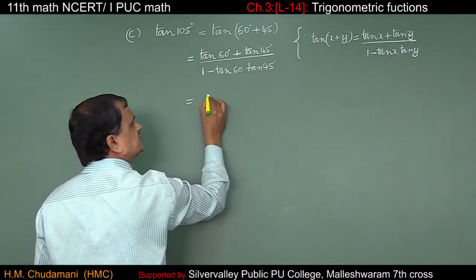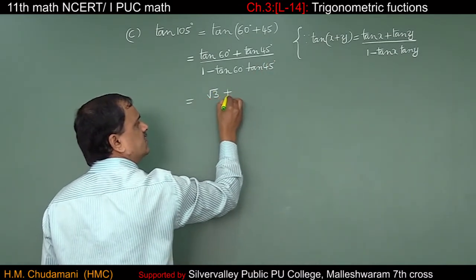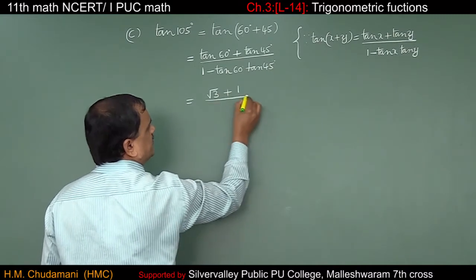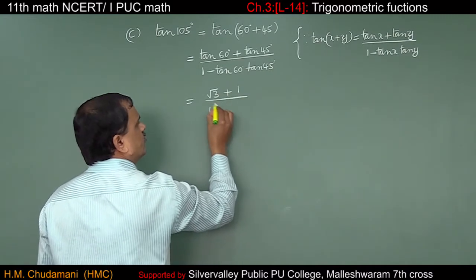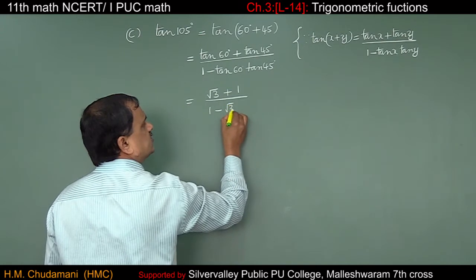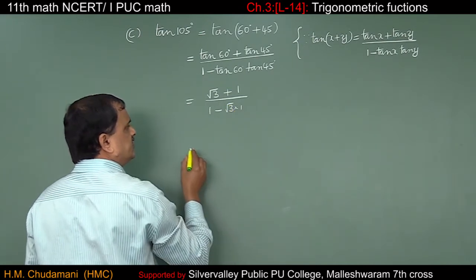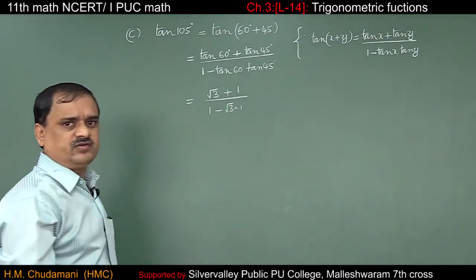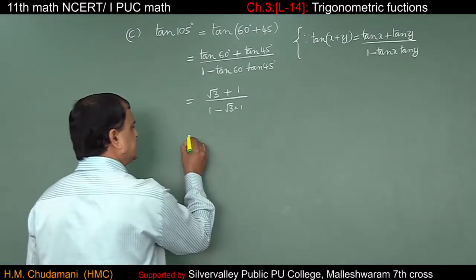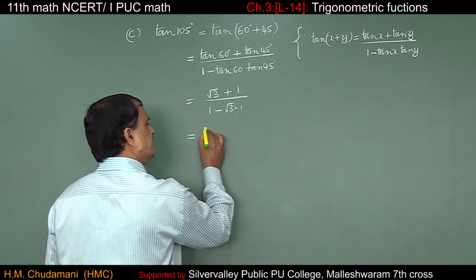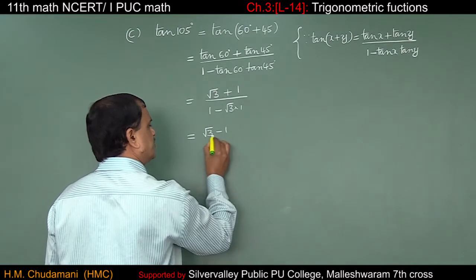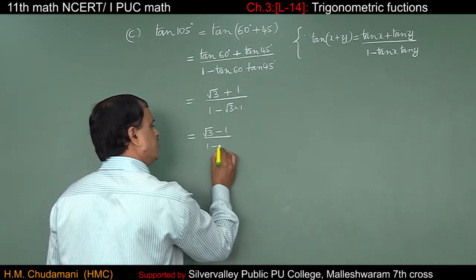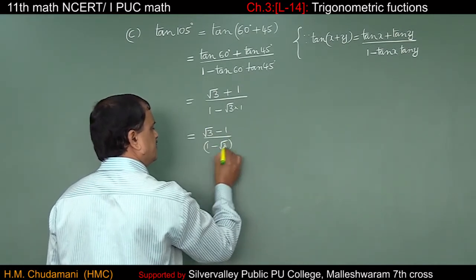What is tan 60 degrees? Root 3. Tan 45 is 1. Divided by 1 minus root 3 into 1. So 1 plus root 3 divided by 1 minus root 3. Let us simplify this one by writing the conjugate of the denominator. 1 minus root 3 we have, you know.